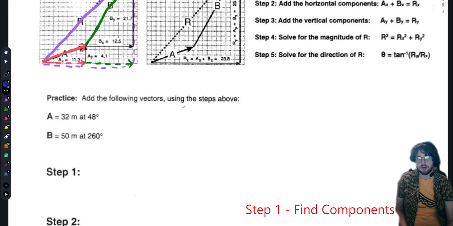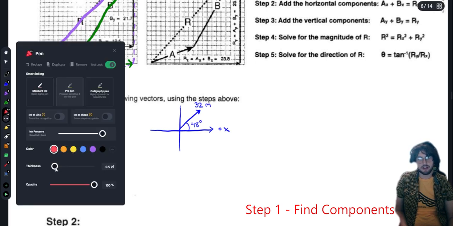And to be specific here, if there's no other reference provided, assume that the reference point is from the positive x direction over here, or the positive x-axis. So 32 meters at 48 degrees means it's something like a 32 meter long vector this way, and then the angle above the x-axis is 48 degrees. Like that.